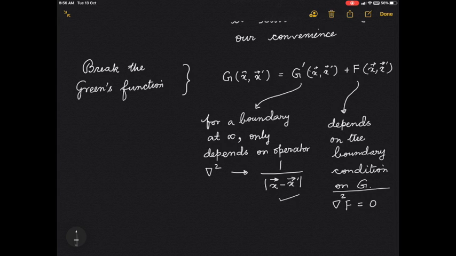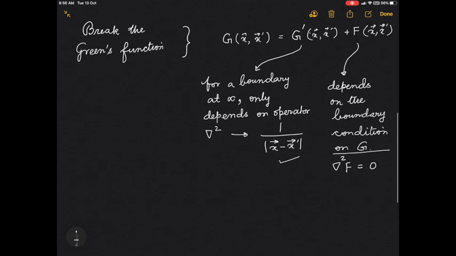We saw how to get to it in the last discussion. So G prime is known, so boundary condition on G directly gives me a boundary condition on F, and I use that boundary condition with the solution of Laplace equation to get what is F. Once I know F, I know G prime, so I know capital G.